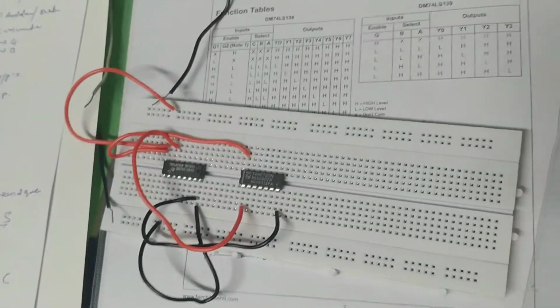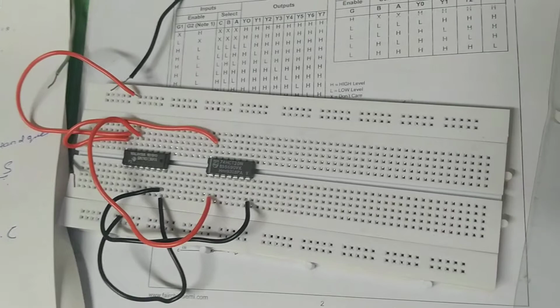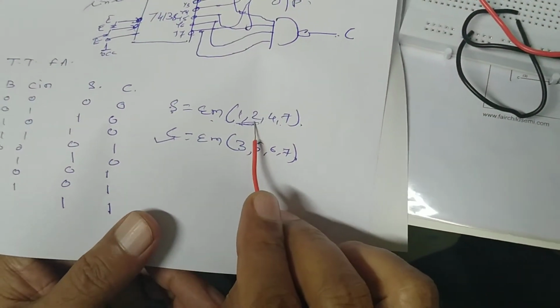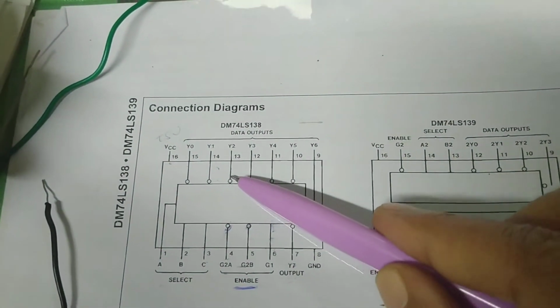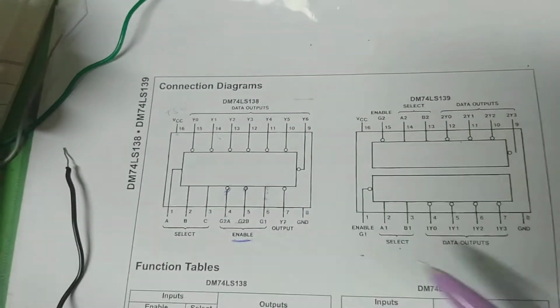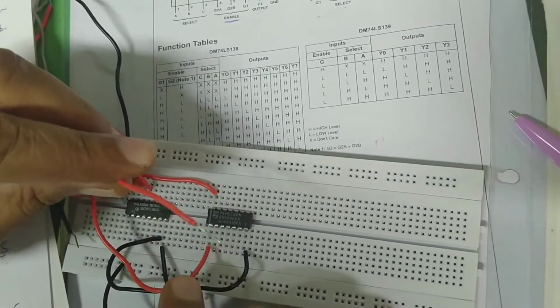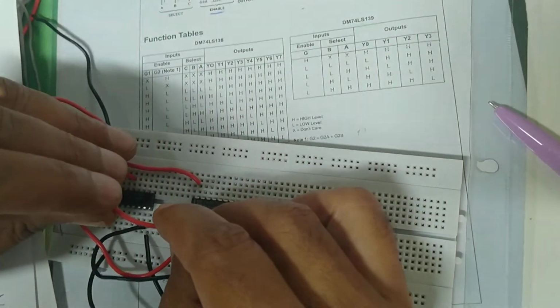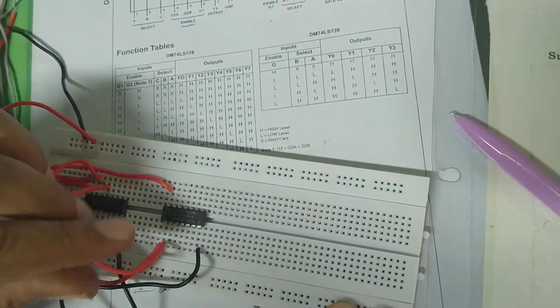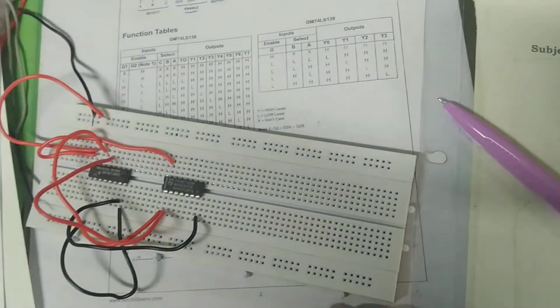Y1 is connected to one terminal of this NAND gate. Similar way, next one is Y2. Y2 is present over here at terminal number 13. So this is 13 terminal, and we have to connect this to the next input of the NAND gate. This is the next input of the NAND gate as per the pin diagram.